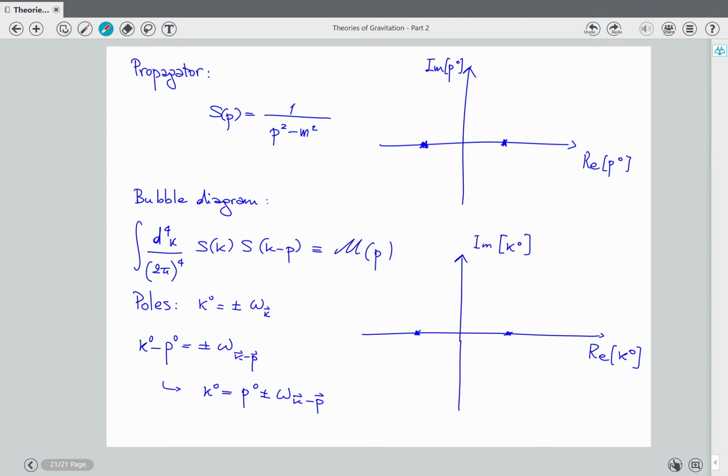So let's assume for the moment that P0 and P space are real. Then they can move only on the real axis. They can be shifted by this P, but for example, they could be here. One here and one there.